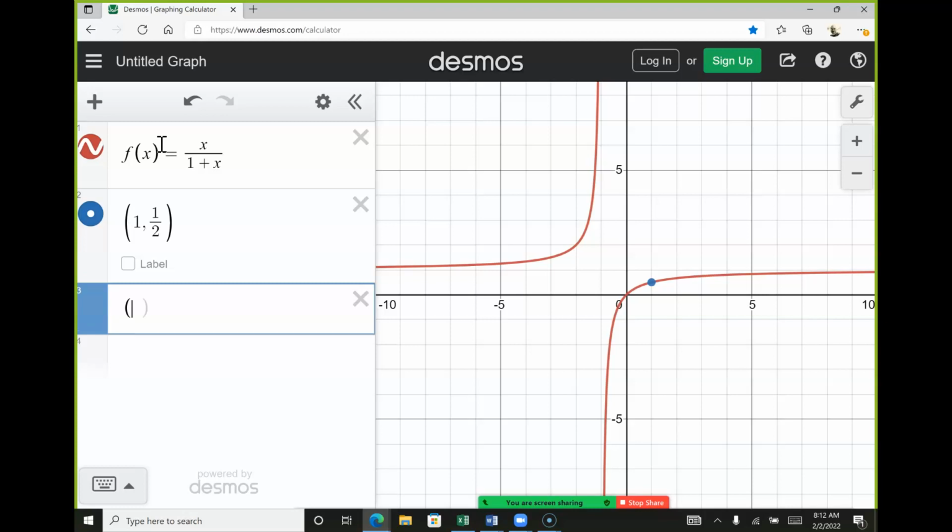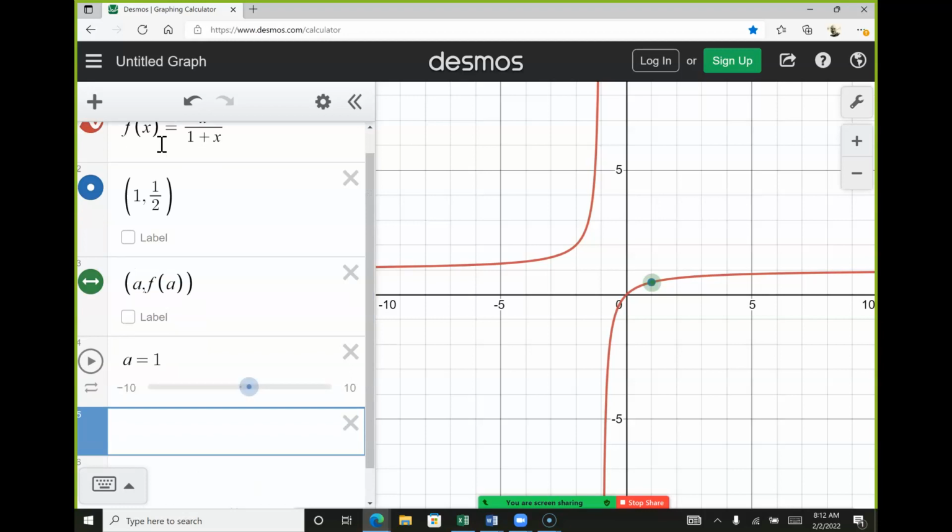I'm going to use that second arbitrary point as a comma f of a. Again, it's different on the recording I gave you because on this particular problem, they give me a fixed point, and I'm trying to figure out the tangent line at that fixed point.